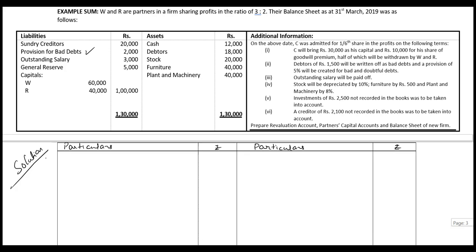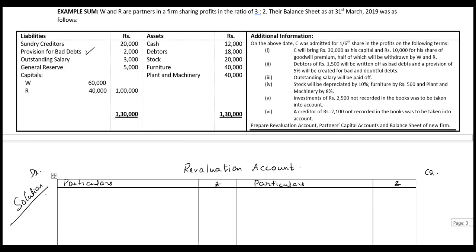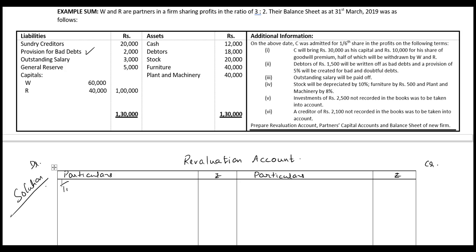So let's insert that in the revaluation account, to provision for doubtful debts account 325. The third point is outstanding salary will be paid off. It's just a liability which is going to be paid off with the journal entry outstanding salary to cash account. So it will not affect the revaluation account.